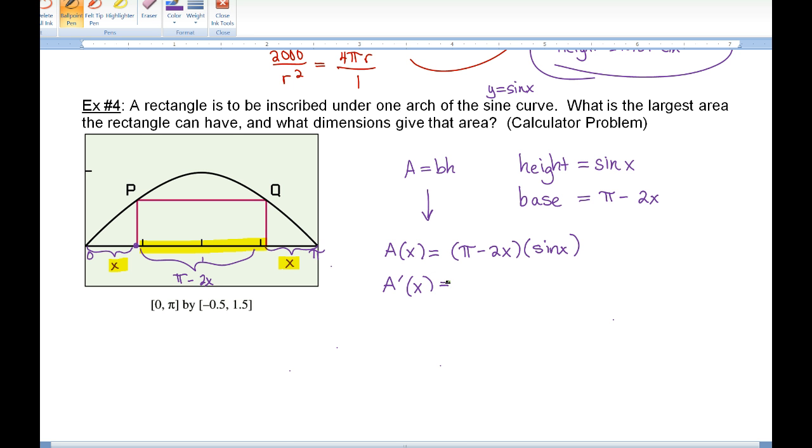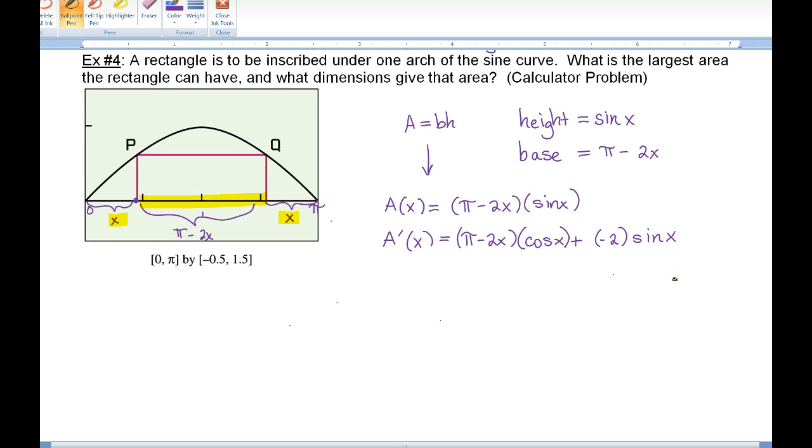Now you could distribute, or we could also just do the product rule. So I'm going to do product rule. I have pi minus 2x times the derivative of sine, which is cosine, plus the derivative of the first part, which is negative 2, times the sine of x.